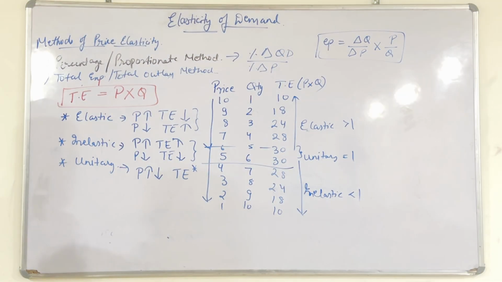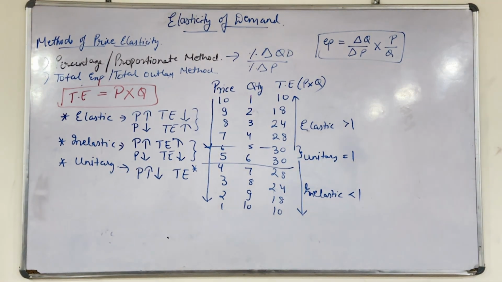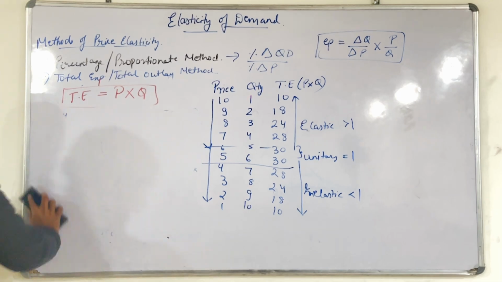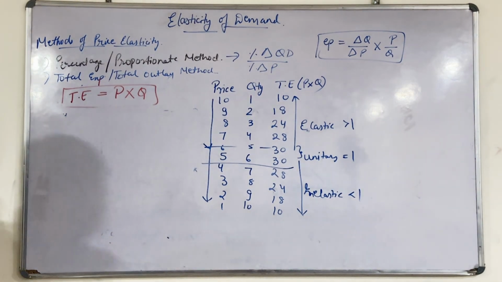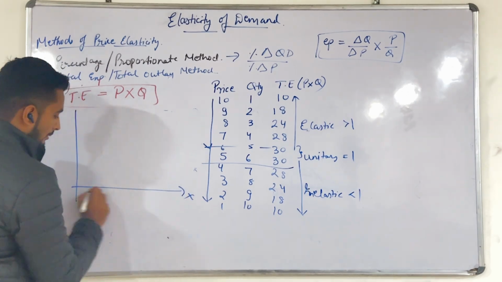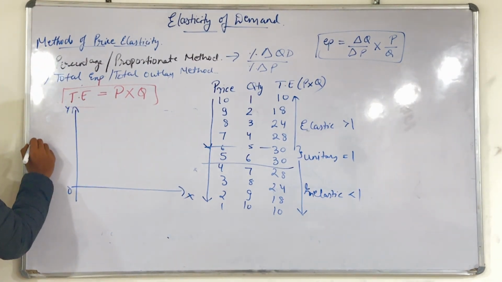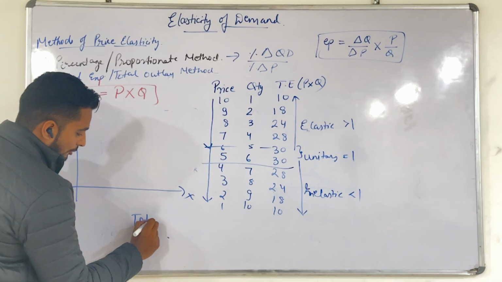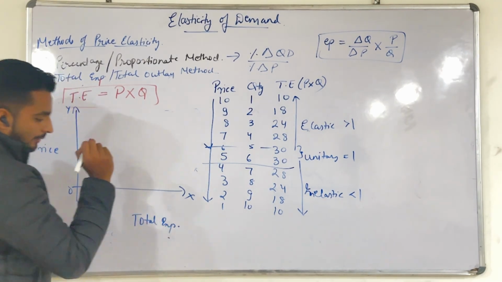Okay? Now we have to see the diagram. In the diagram, we draw x, origin, y. On the y axis price and on the x axis total expenditure.